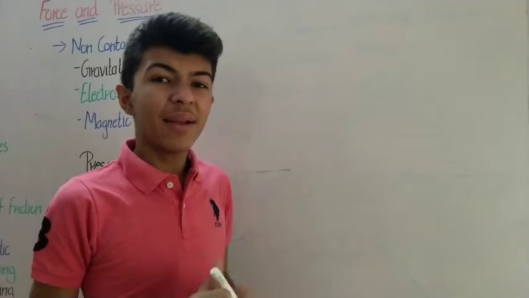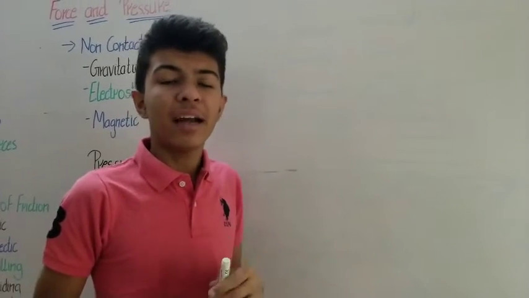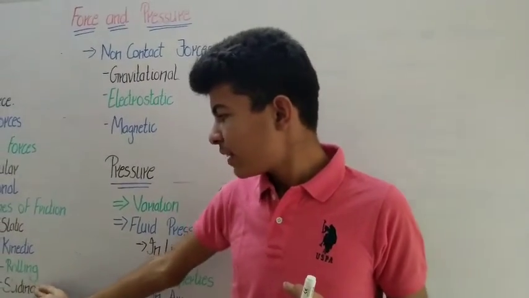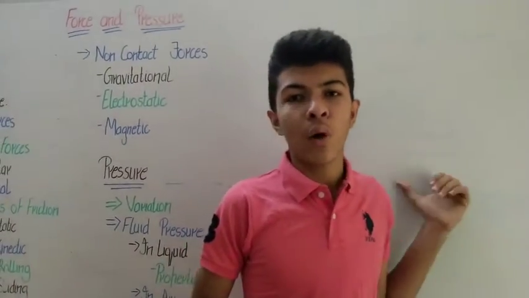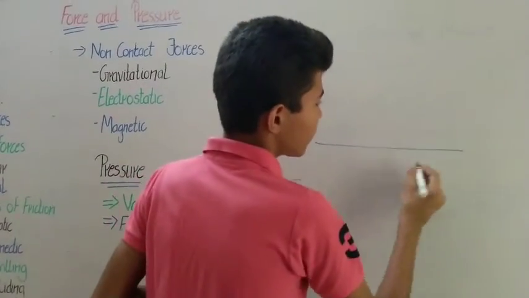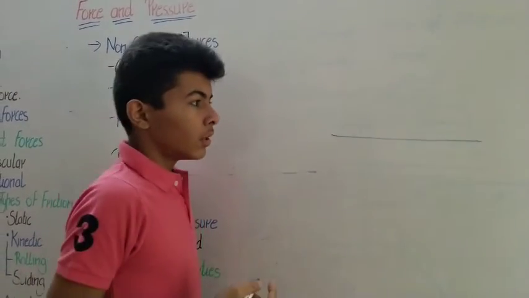So if I have to describe the amount of force required by these three frictions, that is static friction, rolling friction and sliding friction, on the same surface. If I have the same surface, then the rougher the surface, the greater the friction.